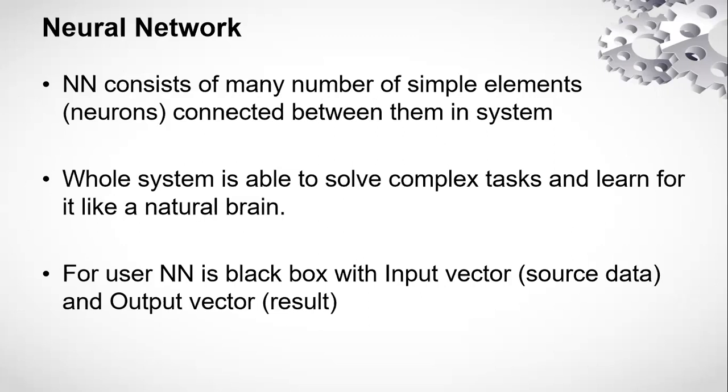If you touch a hot surface, our skin touches the hot surface, the signals are sent directly to the brain. That is considered the input data, some processing is done, and the result is we give a reaction in which we remove our hand immediately. So that is the output vector, that is the result. That is done through human intelligence only.